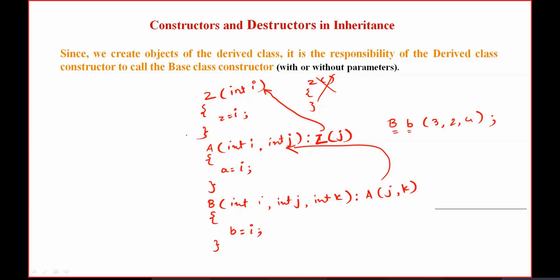Understood? So the execution is done firstly for the base class, then the intermediate derived class, and then the final derived class. This is the execution.